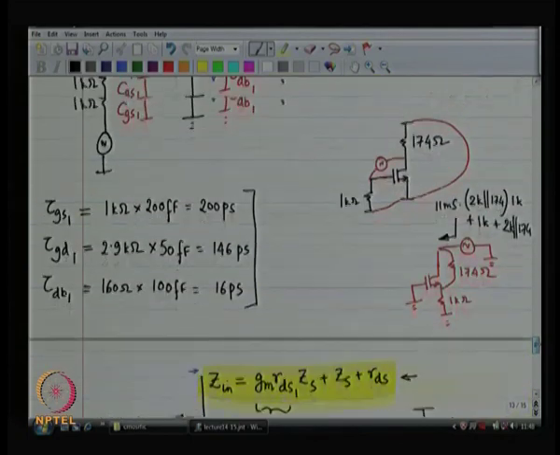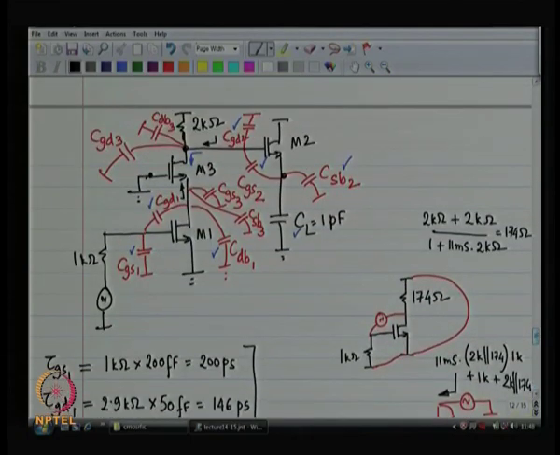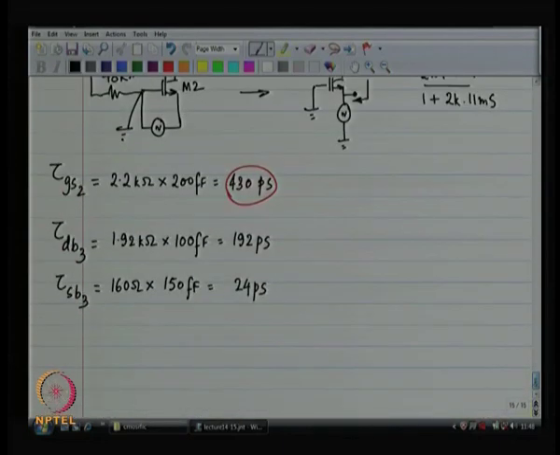Then I have to worry about gate to source 3, which is also similar to source to body 3.